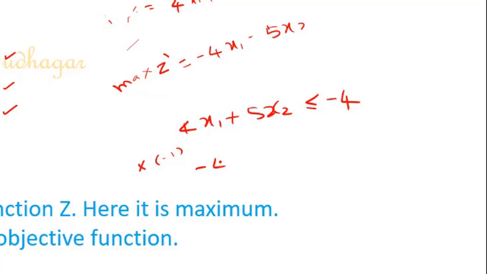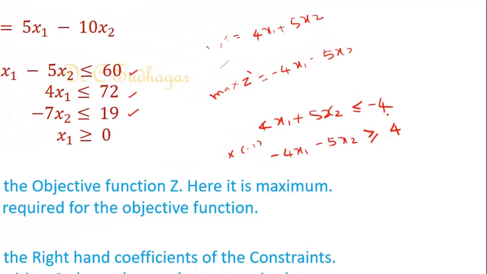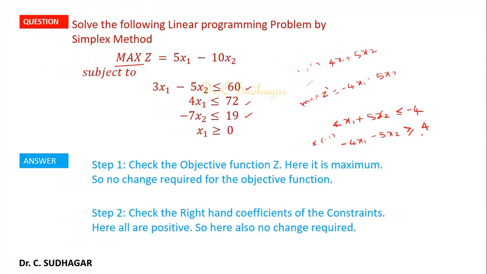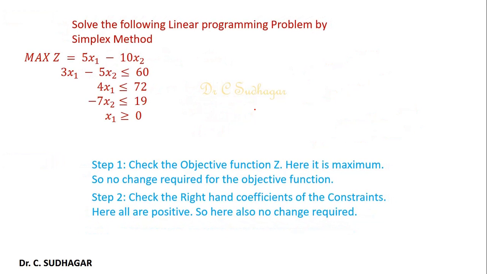This gives minus 4x1 minus 5x2, and minus 4 into minus 1. When you multiply an inequality with a negative number, you have to change the sign, so it becomes greater than or equal to 4. Now the right hand side is a positive number. Here it is not required because all the constants on the right hand side are positive: 60, 72, 19.